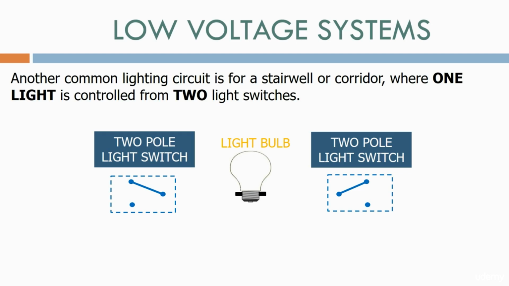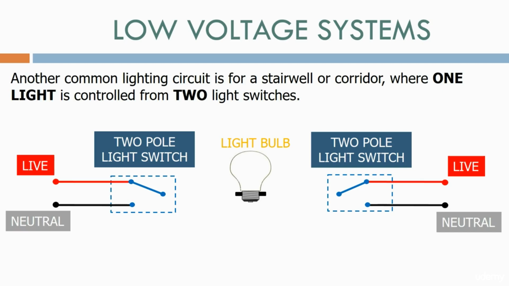They are called two-pole light switches because they have two possible output conditions. We then connect a live to one side of the switches and a neutral to the other side of the switches. The common point of the switch connects to the light bulb.